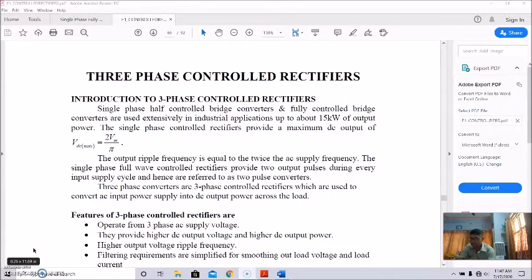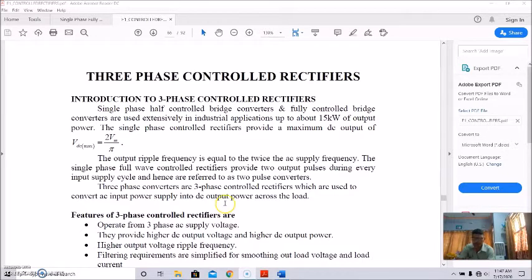So what we are finding is that three-phase control rectifiers are of two types, that is half-wave control rectifiers and full-wave bridge rectifiers. Half-wave is again subdivided into three-pulse converter and six-pulse converter, that is three-pulse means three-phase half-wave control rectifiers, and six-pulse means six-phase half-wave control rectifiers.